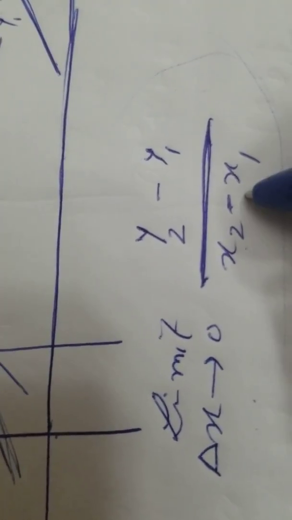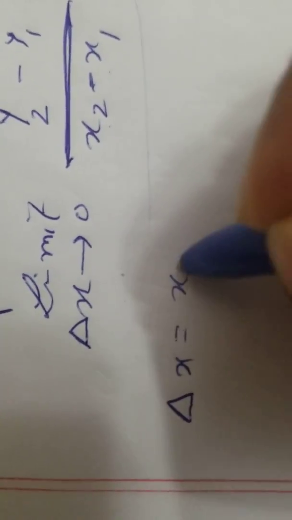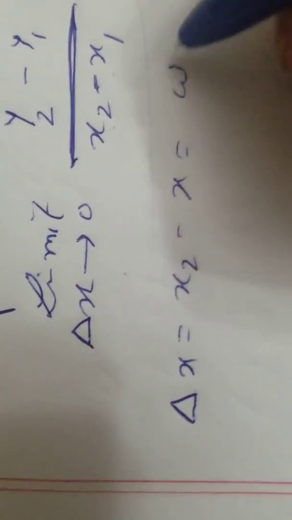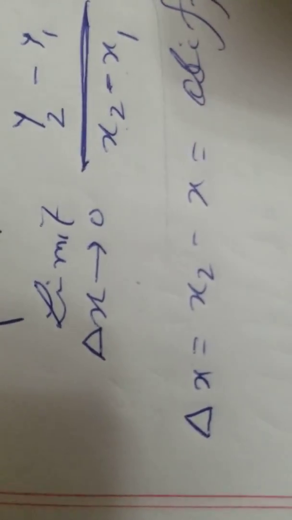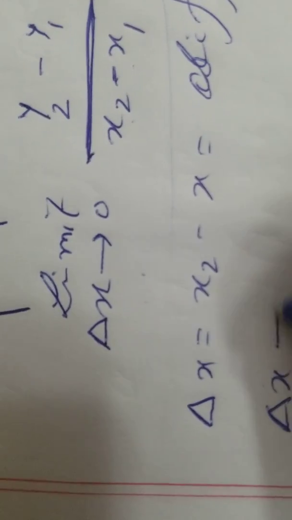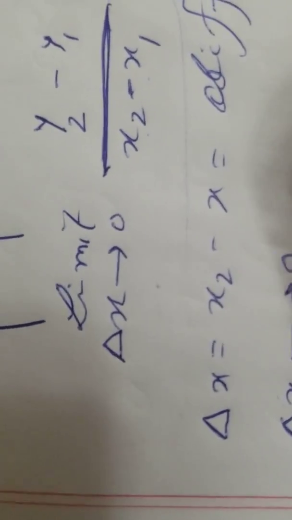So it says difference. Delta x really is x2 minus x1, which is a difference. Now if we say delta x approaches 0, that means the difference approaches 0. That's correct.